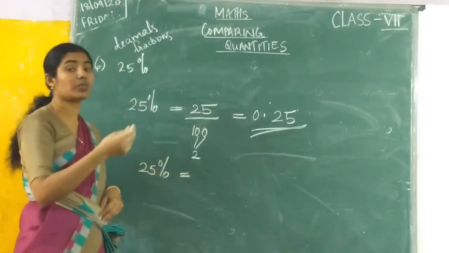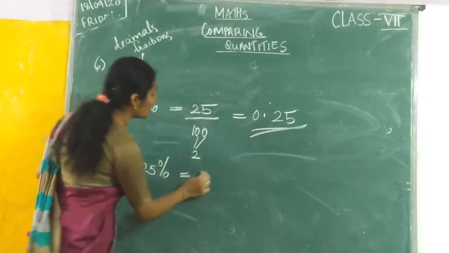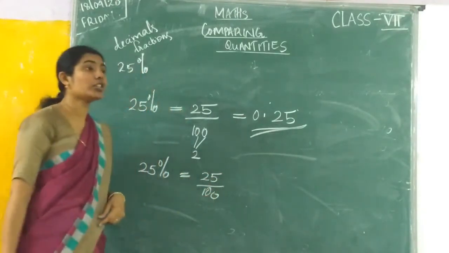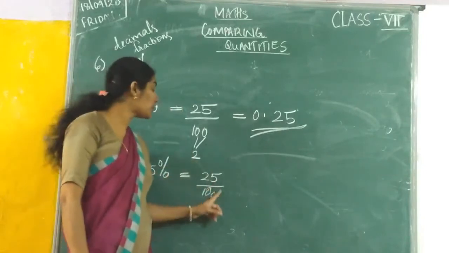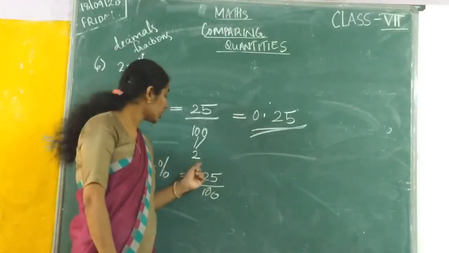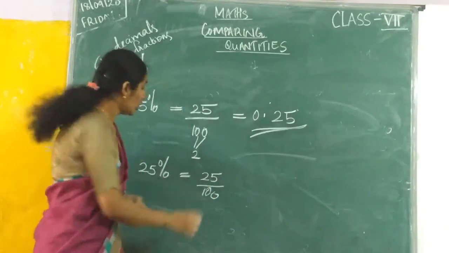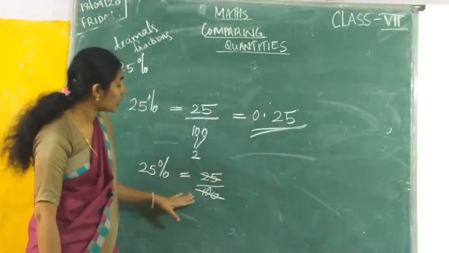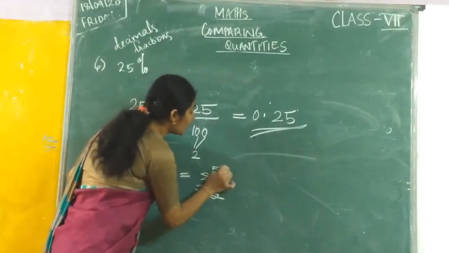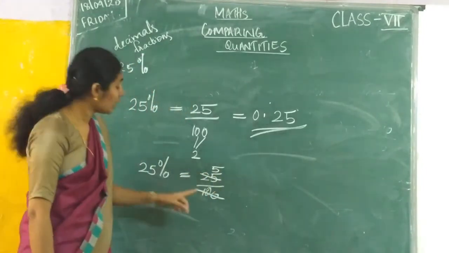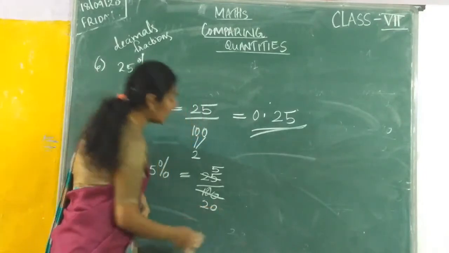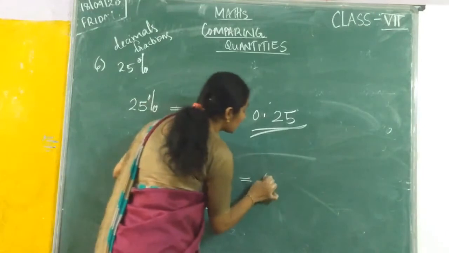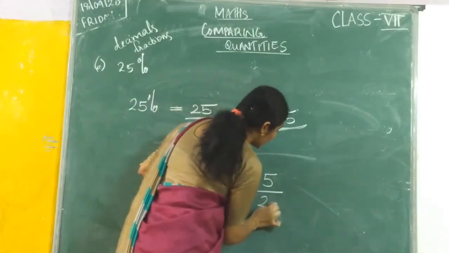Now you see, we are taking 25%. When you convert 25% into a fraction, 25% means 25 by 100. You want to write it in simplest form. Simplest form means you should do the cancellation. You know 25 and 100 both are in which table? 5 table. 5 5s are 25. 5 multiplied by 20 you will get 100. Isn't it? Now we see what you are getting? 5 by 20.